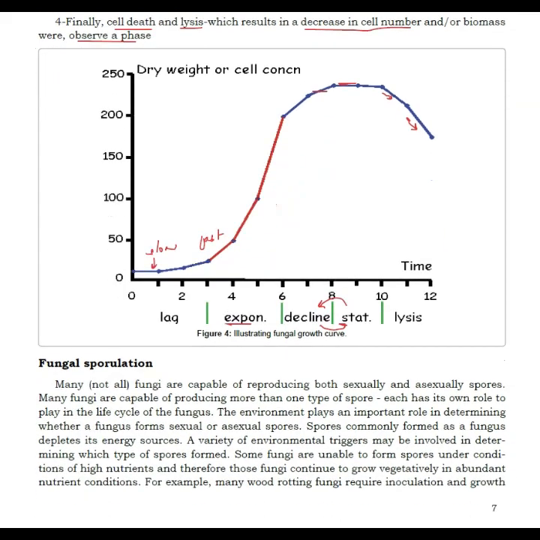Now let's start with fungal sporulation. Fungi are capable of reproducing both sexually and asexually, and they are able to produce more than one type of spore.